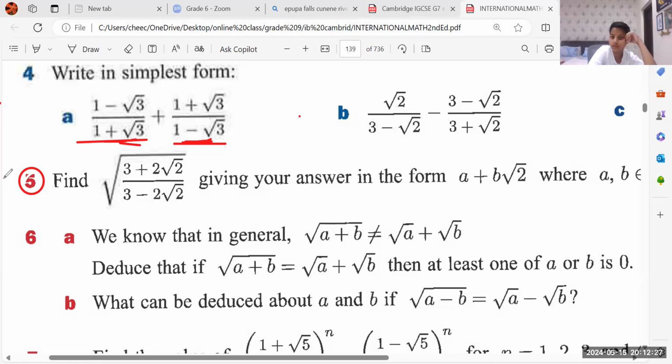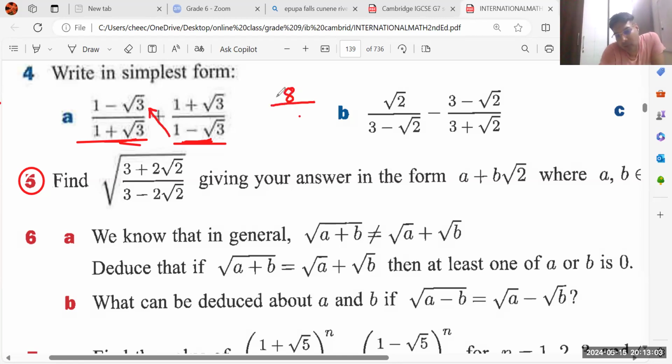What is the answer? -4 or -2? Sir, my answer is coming -2. बेटा जब आप क्रॉस मल्टीप्लाई करोगे, this will become 8. करेक्ट. टॉप में a square minus b square, 1 minus 9, 8 upon -2, which is -4. Okay, sir.